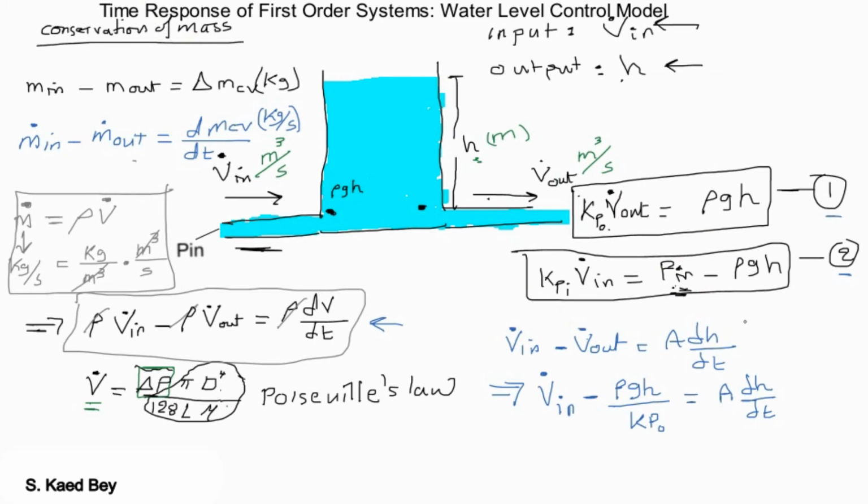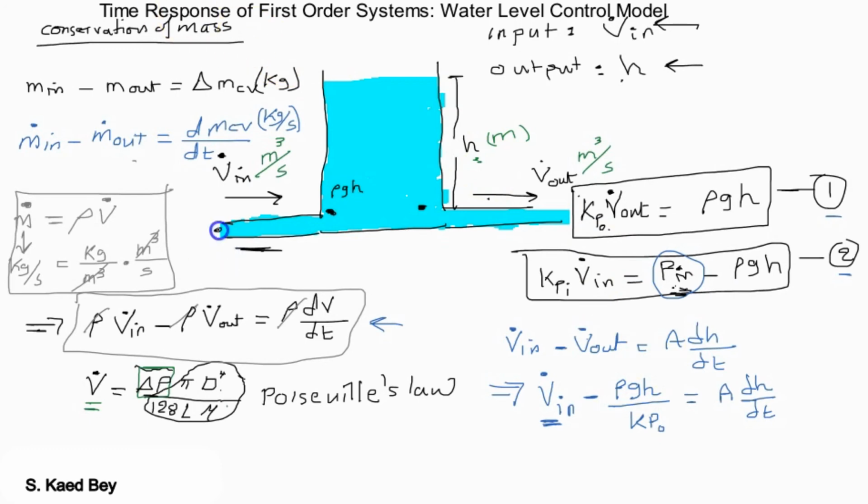If you are interested, however, in the control of pressure in as the input, then perhaps you could substitute the equivalence of the volume flow rate coming into the tank in terms of Pin and rho g h, and you can combine the h parameters together, and then you can form your first order differential equation.